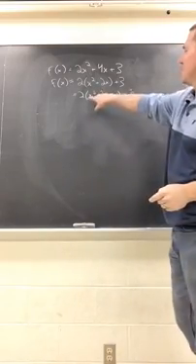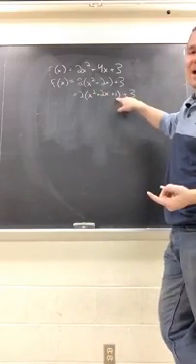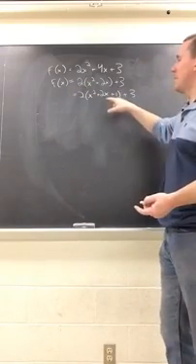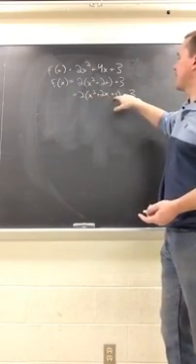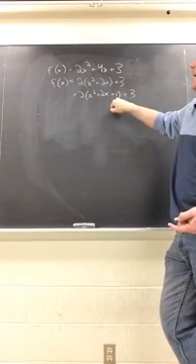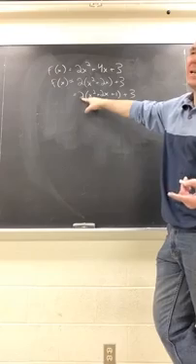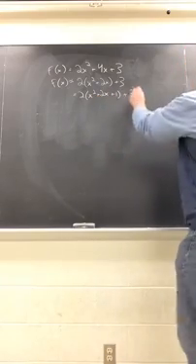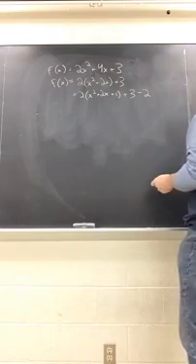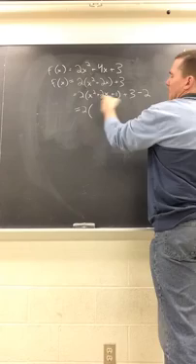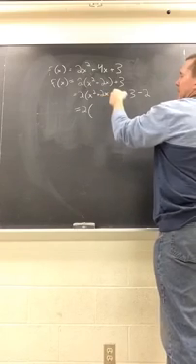But then the rule is, whatever you add here, you have to subtract off. You could add it to the left and then subtract it back over if you want to. You don't have to. We're just going to subtract it off. But keep in mind here, I added 1 in here, but there's a 2 out in front, which means technically I didn't add 1, I actually added 2. So since I added 2, I subtract 2. And now this becomes 2 times, let's see, we want to factor that because it's a perfect square.